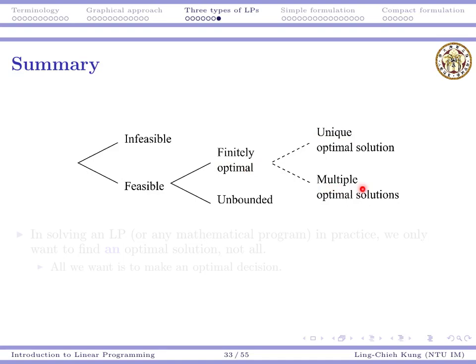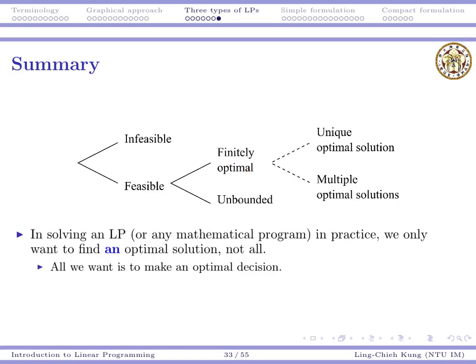I use dashed lines here because this distinction is not very important in practice. In practice we care about distinguishing whether an LP is infeasible, unbounded, or finitely optimal. That's more important. As we mentioned again and again, we only want to find one optimal solution because we only want to make one optimal decision.